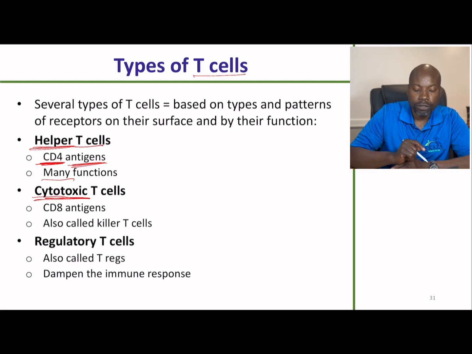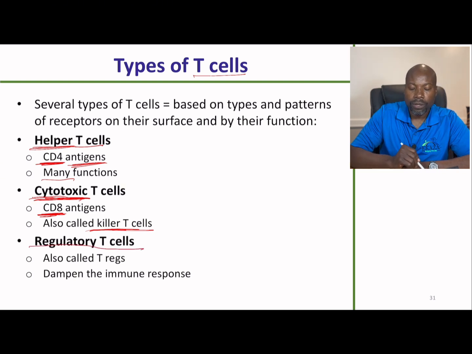They are going to have on their surface CD8 markers, and these CD8 are antigens. Now, cytotoxic T cells, because they are toxic for all the cells, killing the cells, are also called killer T cells. Then we have some T cells that are what we call regulatory T cells, also called Tregs.